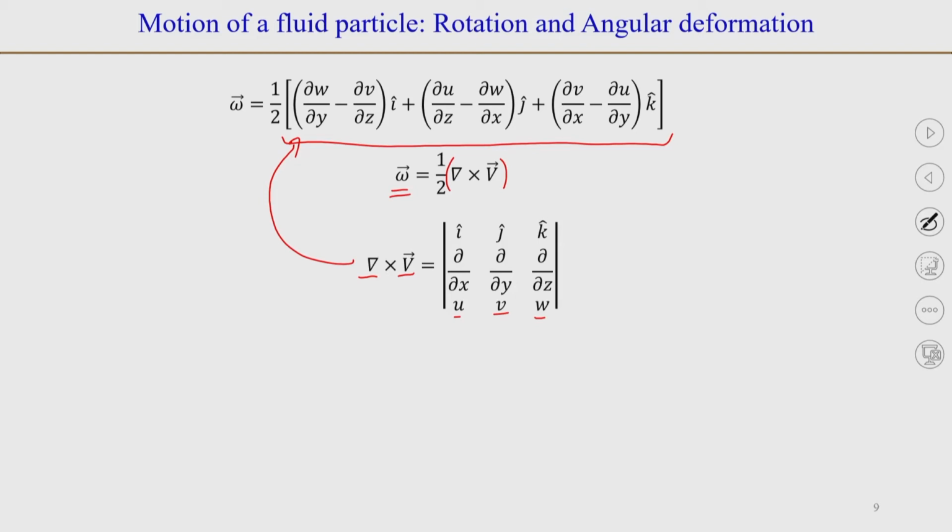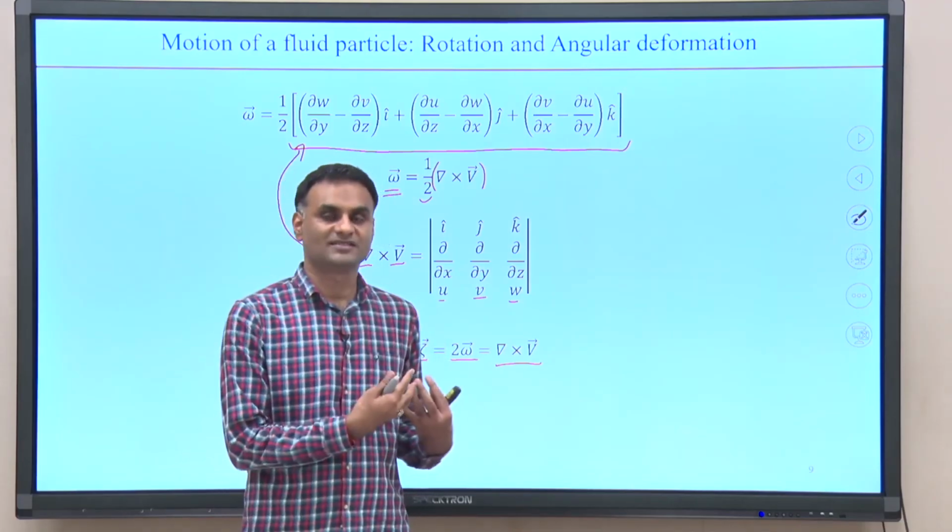Now, because this half term is there, to eliminate it, a new quantity is defined, called vorticity, which is twice the angular velocity, and that is del cross v. So, del cross v is called vorticity, and the term vorticity comes from vortex.